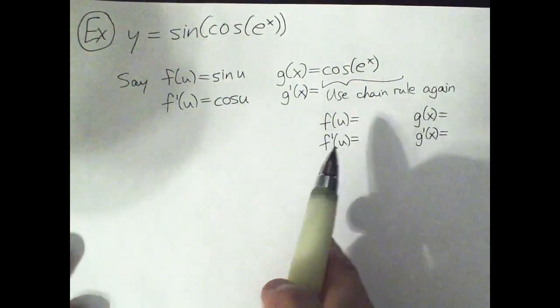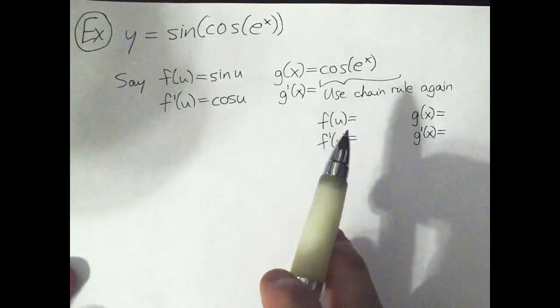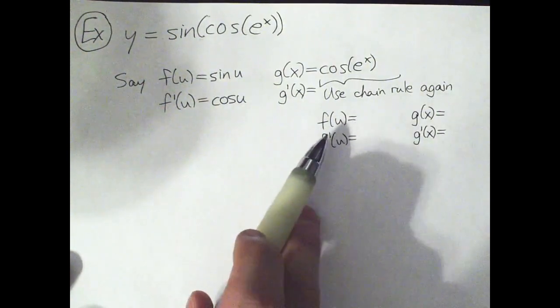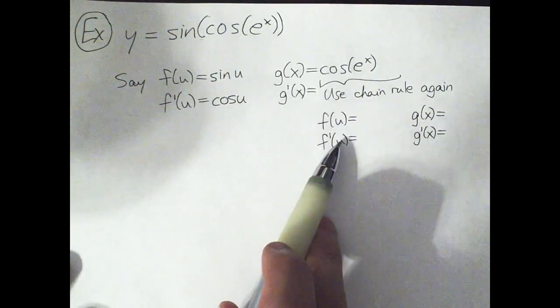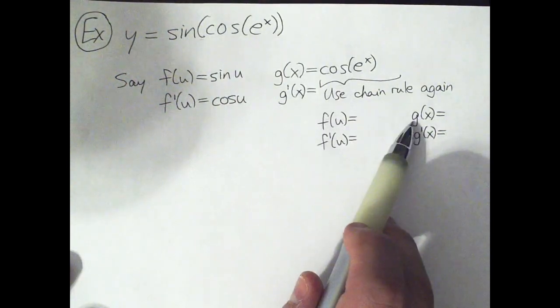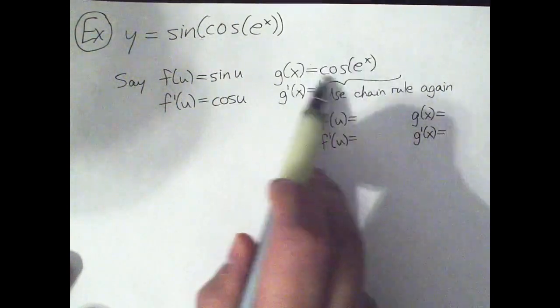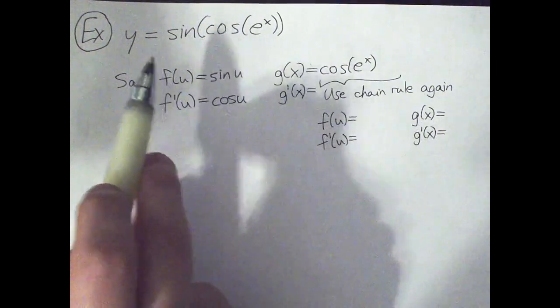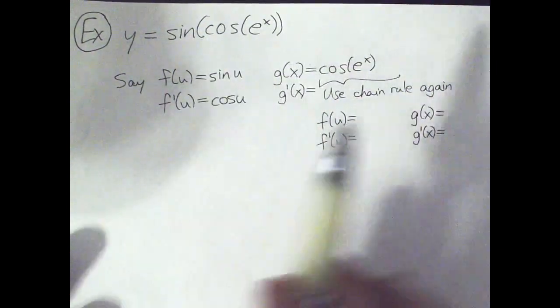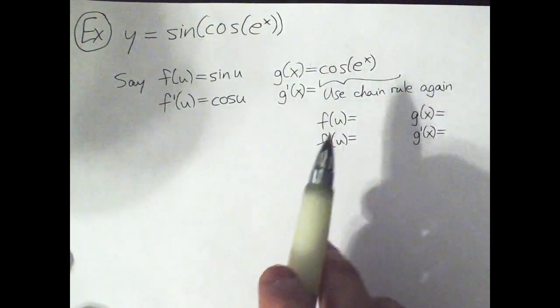If you set it up this way, we're doing this with the understanding that we're doing the chain rule again. We're kind of one level deeper into the problem. So this f and this g are going to be based on this little problem we're trying to solve. So this f and g might be different from this f and this g. And it's perfectly okay to do that.